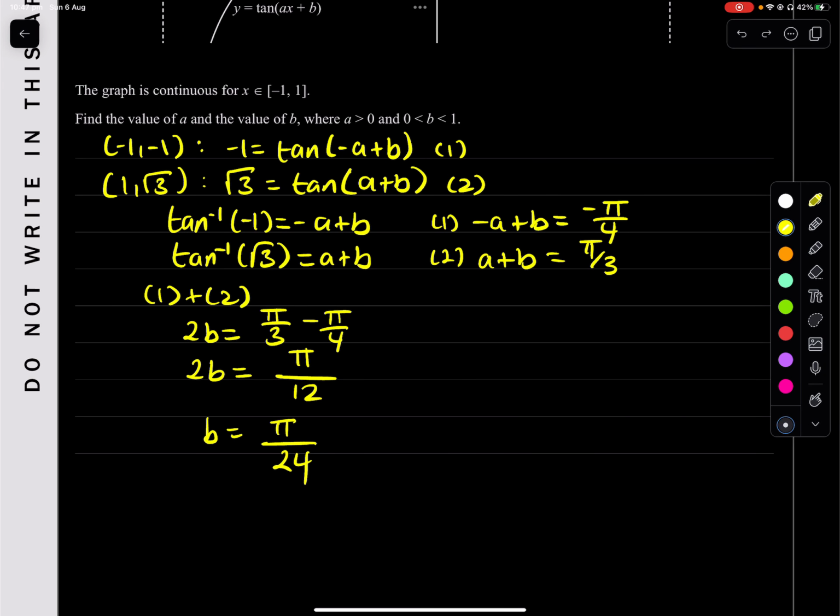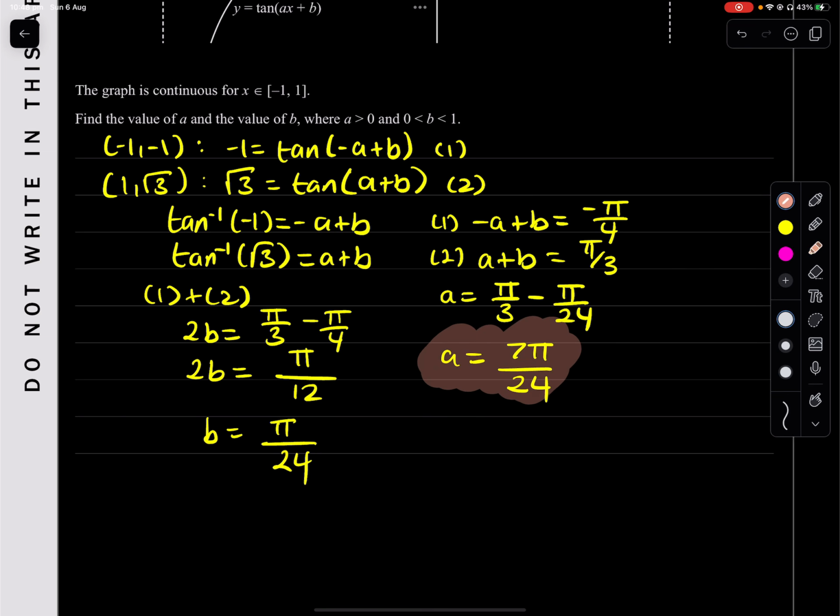If we sub b into equation 2, a is pi on 3 minus pi on 24. So 8 pi on 24 minus pi on 24, which can be written as 7 pi over 24. These are your values.